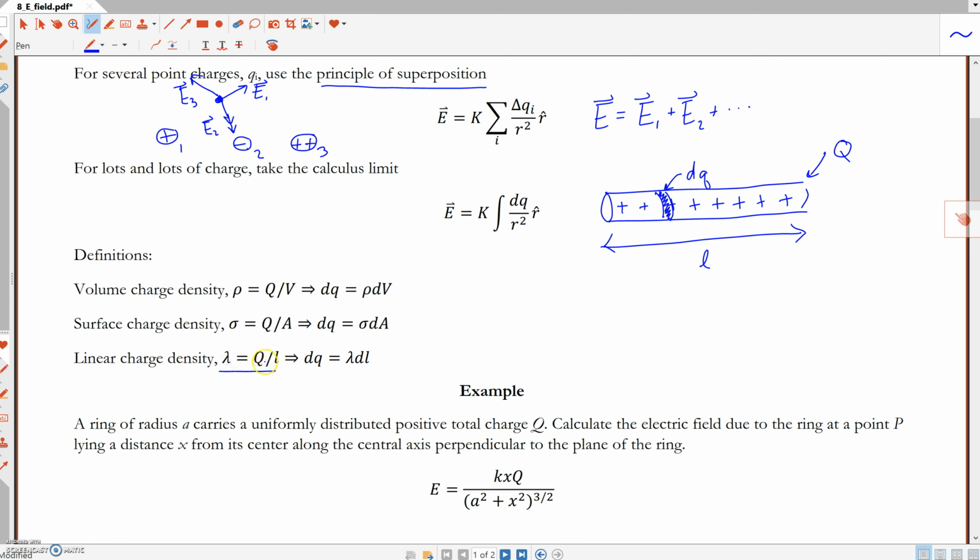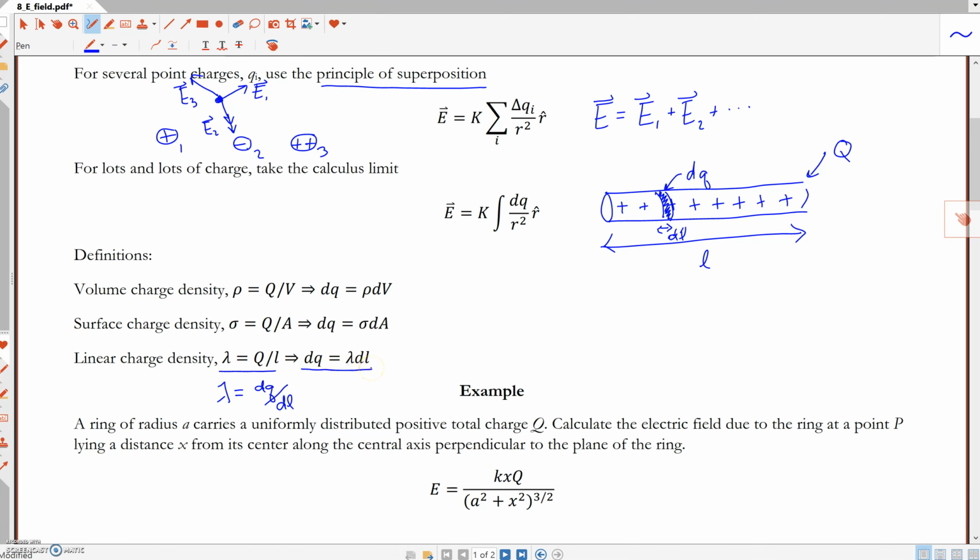That's the linear charge density, which means I can rewrite this as lambda is equal to dQ over a little piece, dl. So I can make this little itty bitty distance, that's a dl, or if I define my coordinate axes, that might turn into a dx or a dy, depending on what direction everything is. And then I take this and I solve for dQ. So dQ is equal to lambda dl.